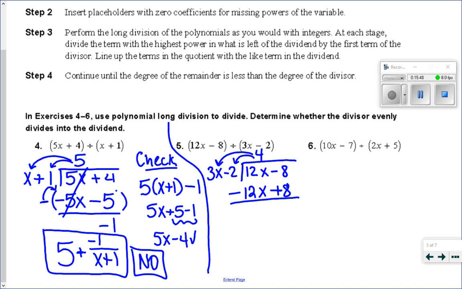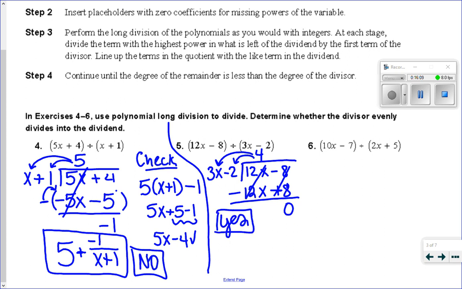So you've got to make sure you change both signs, or all the signs all the way across, before you combine. Okay? So if we do that, 12x minus 12x cancels as it should, but negative 8 and positive 8 also cancel, and we have a 0 remainder, which means, yes, this does divide evenly without any remainder at all.